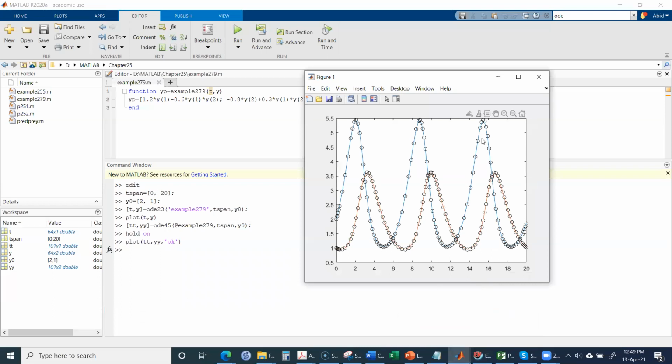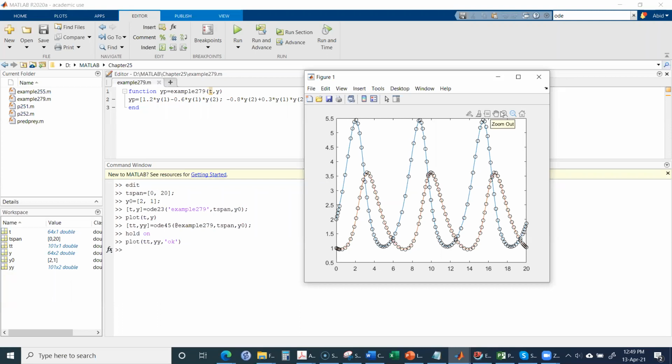Here I can see that both 2, 3 and 4, 5 are giving quite matching results. For example, these circles are represented by ODE 4, 5, and these curves, that is the lines, are represented by ODE 2, 3.